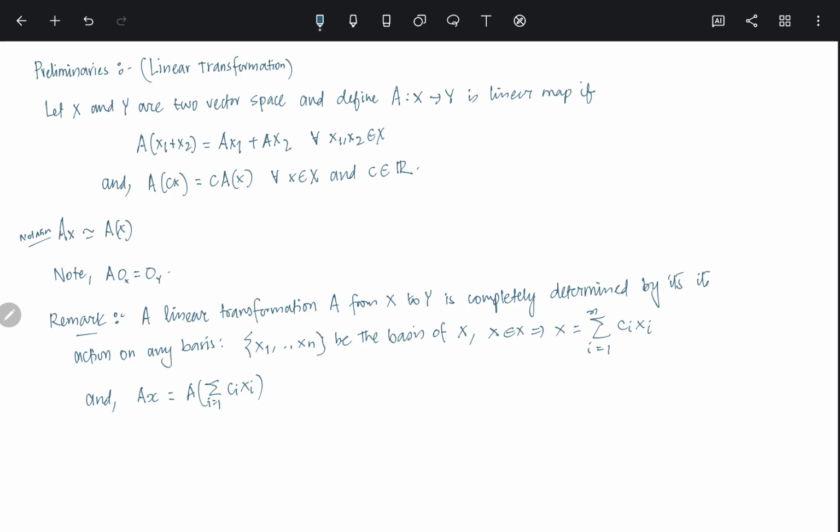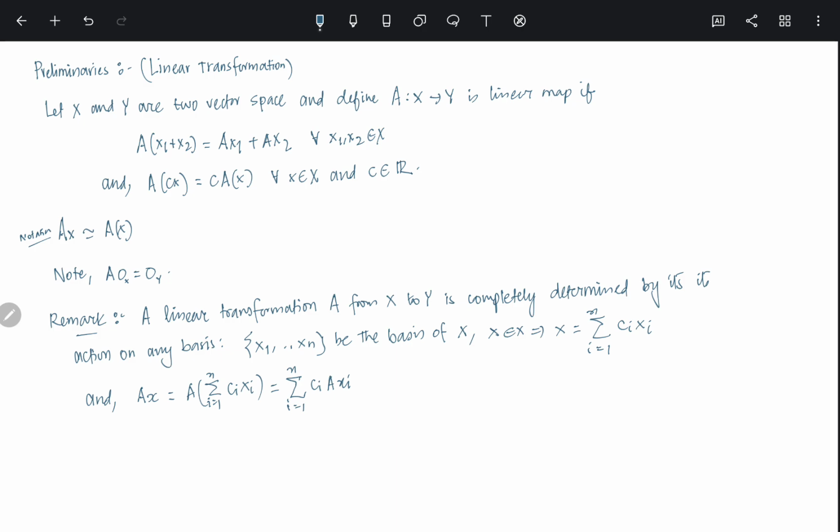Since A is linear, combining the first and second properties, we can write it as the summation from i equals 1 to n of ci A of xi. So the linearity of A allows us to compute A of x from the vectors Ax1, Ax2, ..., Axn. This is what we mean by saying it is completely determined by its action on the basis.